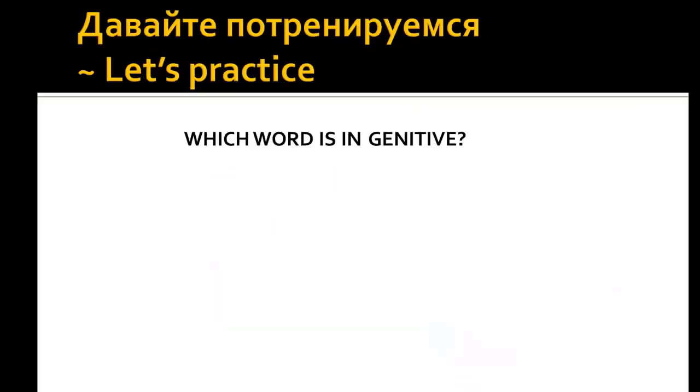Давайте потренируемся. Let's practice. You will see a series of sentences. For each sentence, decide whether some of the words should or shouldn't be in genitive. You have 3 seconds to come up with an answer before I explain it. The word tourist will be in the genitive case because he is someone who has something.